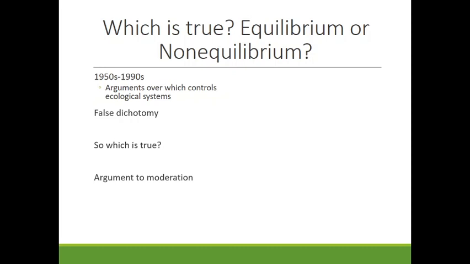A mixture of equilibrium and non-equilibrium in this case is true. And that's also false. Just because two people bring you two different sides doesn't mean the middle is actually true. Sometimes it might be density-dependent equilibrium processes. Sometimes it might be non-equilibrium processes that are controlling populations. It just depends.